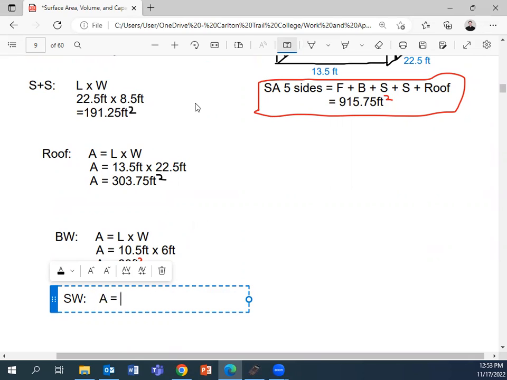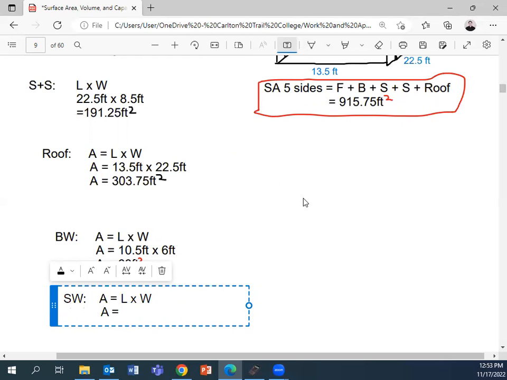So I know it's a rectangle. Hannah, what's my formula for a rectangle? Length times width, right? So area equals the length times width of the small windows.